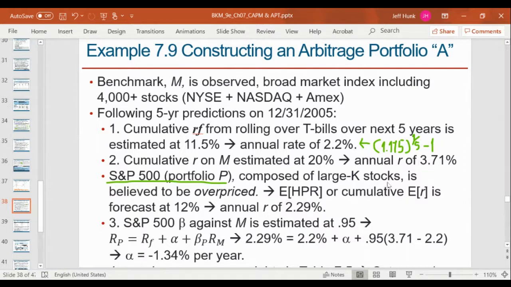It's composed of large cap, believed to be overpriced.